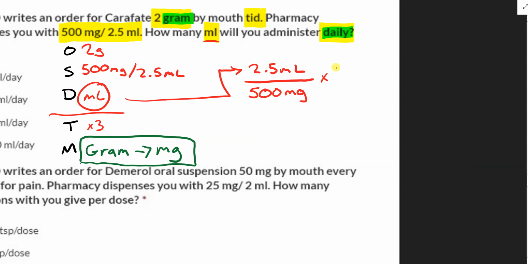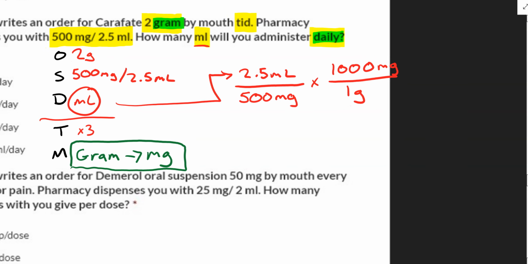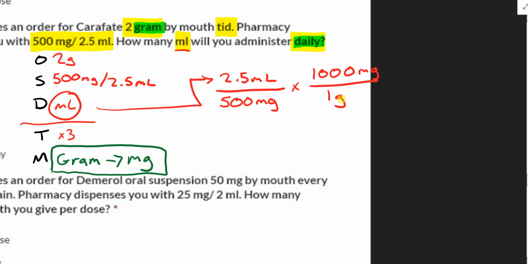And then we'll need to convert that grams to milligrams. So we know that 1,000 milligrams is equal to 1 gram. And then how do we get rid of the grams?